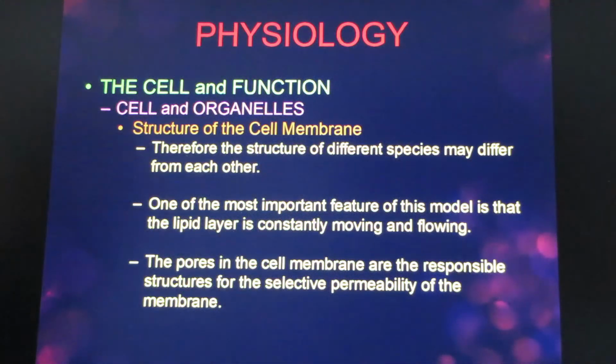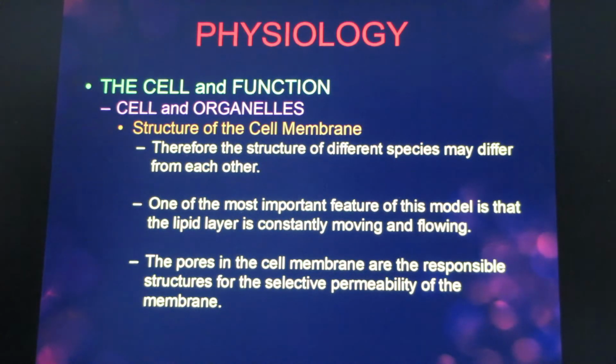Therefore, the structure of different species may differ from each other. One of the most important features of this model is that the lipid layer is constantly moving and flowing. The pores in the cell membrane are the responsible structures for the selective permeability of the membrane.